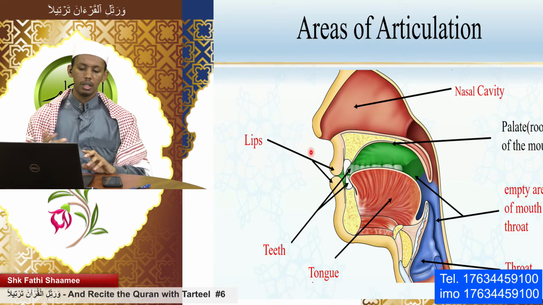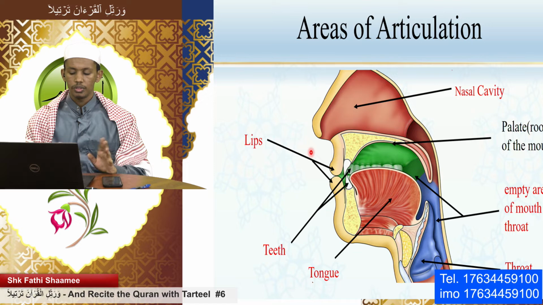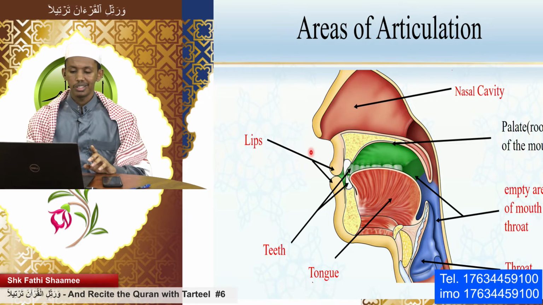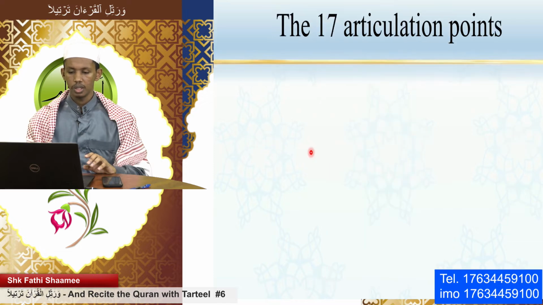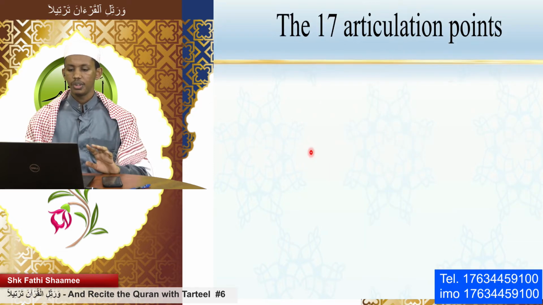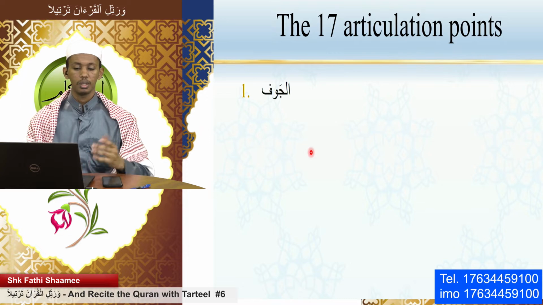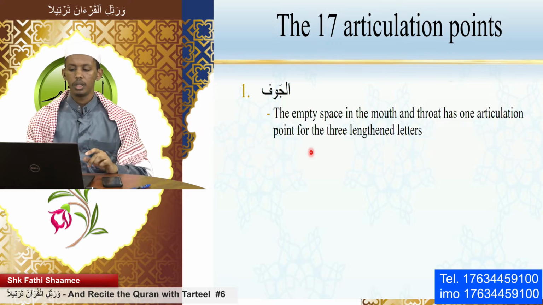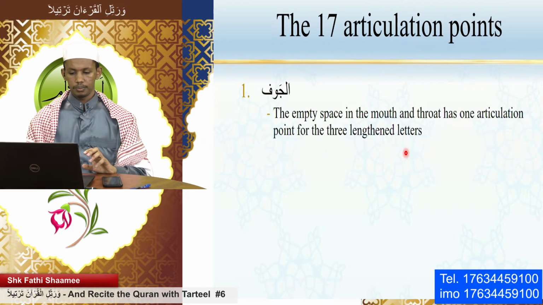But for our purposes, insha'Allah ta'ala, we will be following the number that Ibn al-Jazari rahimahullah ta'ala uses, which is 17. So there are 17 articulation points, and insha'Allah ta'ala, we will be mentioning them right now. So the first one we will be talking about is al-jawf, right? Al-jawf, as we mentioned, is the empty space in the mouth, and this has one articulation point, for the 3 lengthened letters.